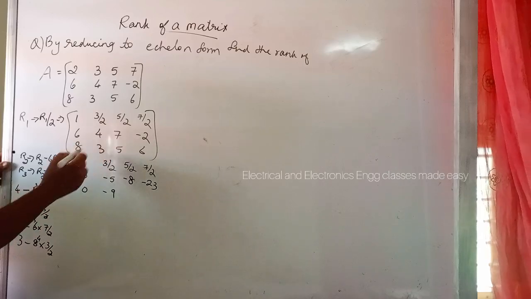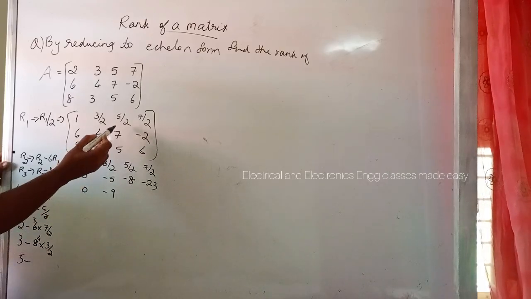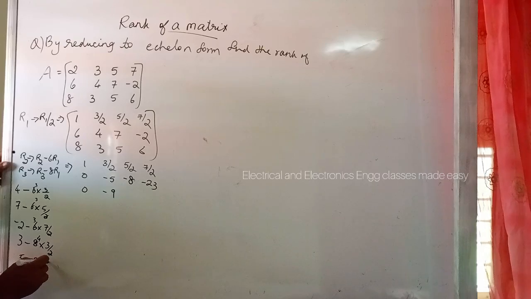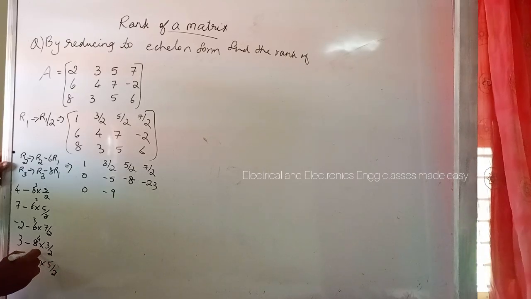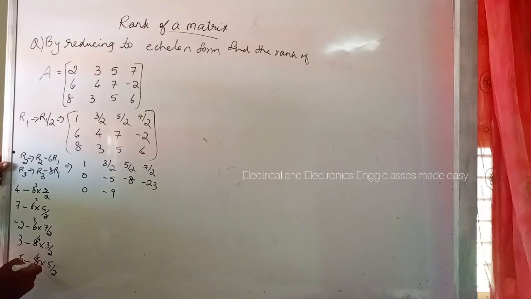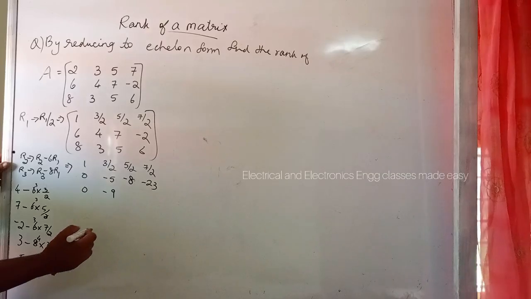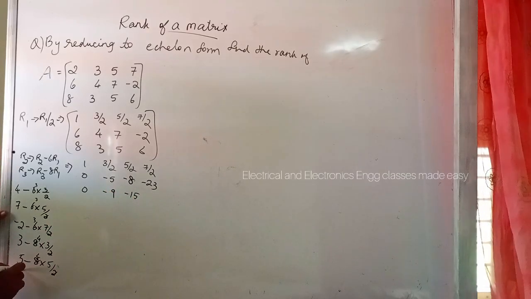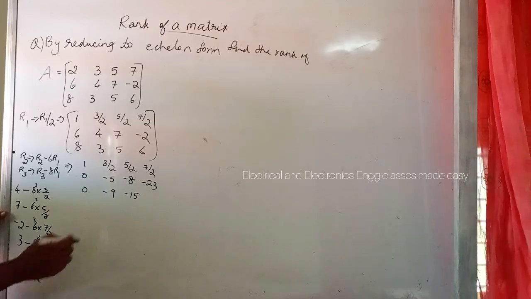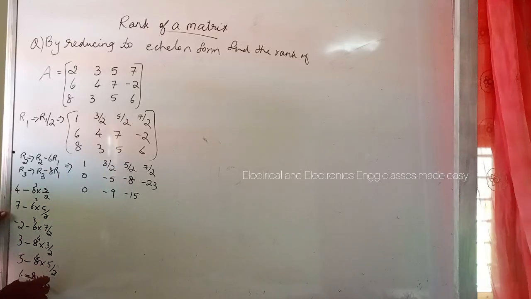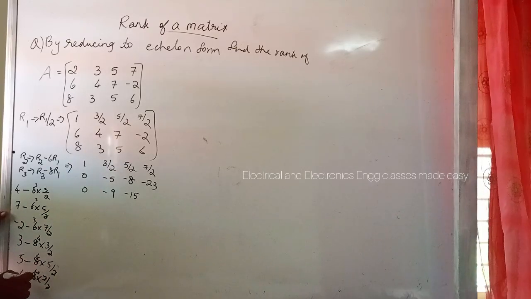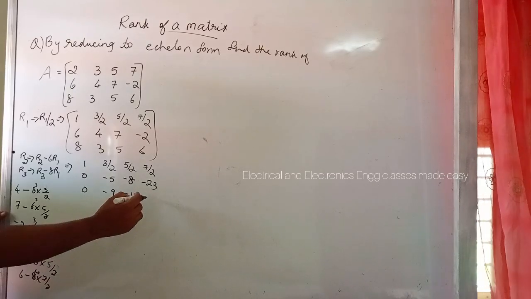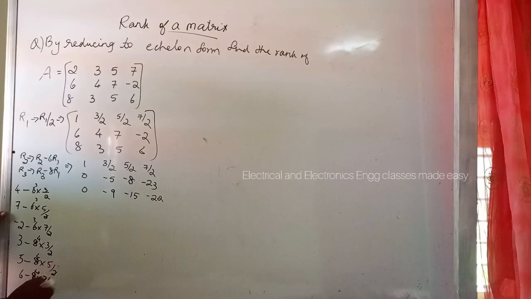Then next is 5 minus 8 into 5 by 2, that is 20, so 5 minus 20 is minus 15. Then next is 6 minus 8 into 7 by 2, that is 6 minus 28, that is minus 22.